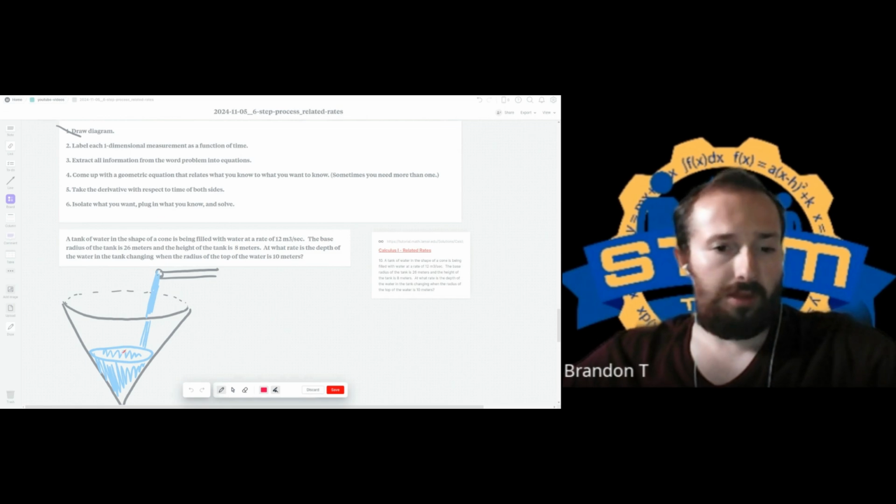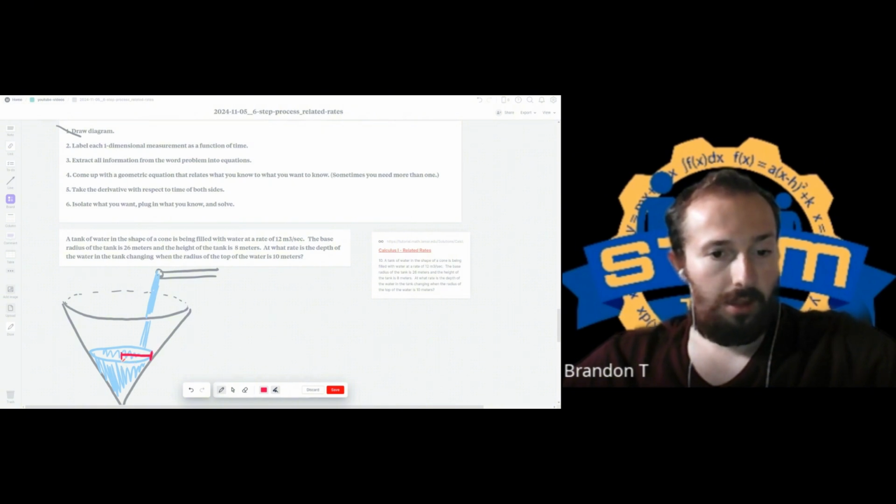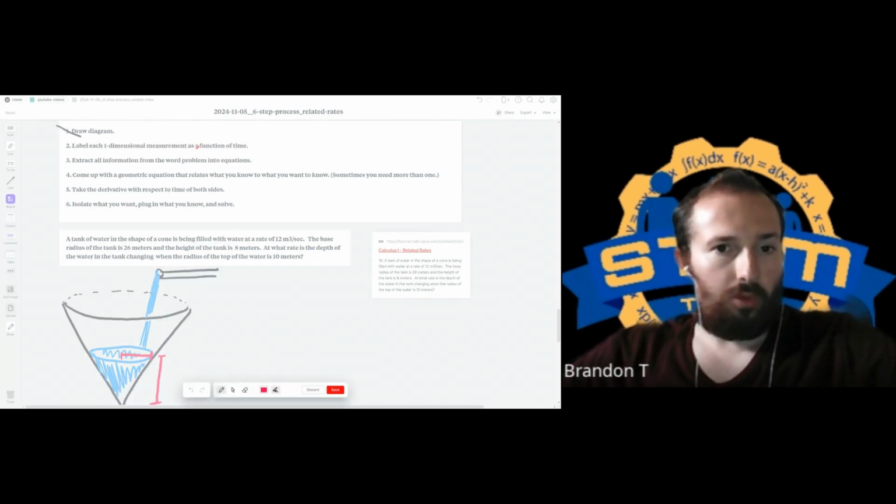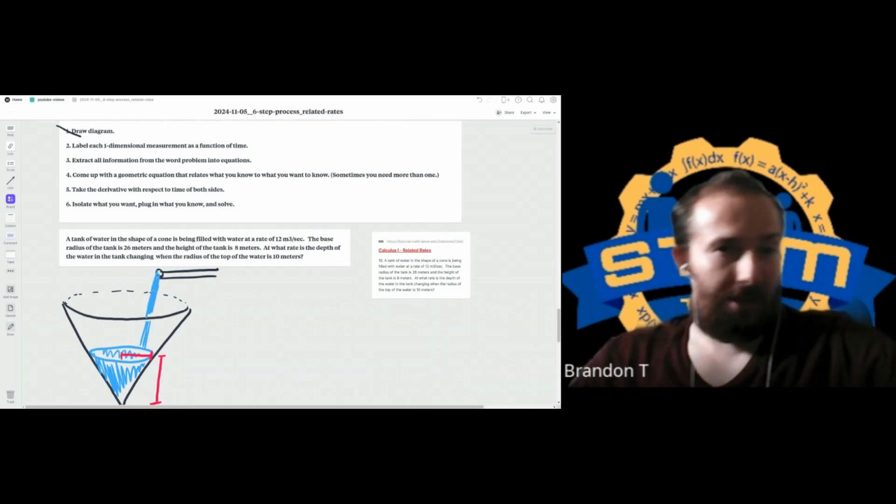Specifically, the things that are relevant here, in my opinion, are the radius, and then I'll also do this, which is the height of the water level. Now, one other thing I should mention is something that I do. I don't see this a lot in other textbooks, although in my opinion they should do this because I think it's a good idea.